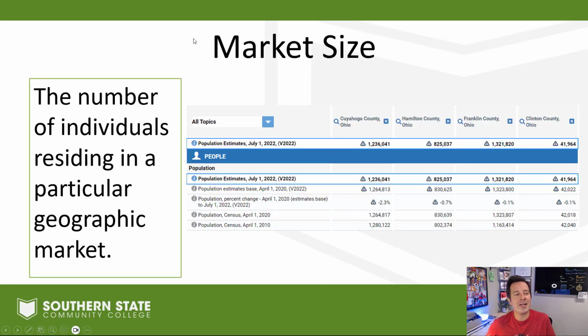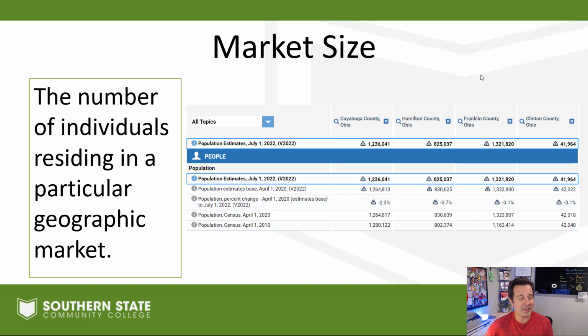First of all, market size is simply the number of individuals residing in a particular geographic market. What I have here is U.S. Census data. And U.S. Census data is probably the best place to get geographic data as far as trying to segment according to market size or market density. A lot of the different states have information on that as well.